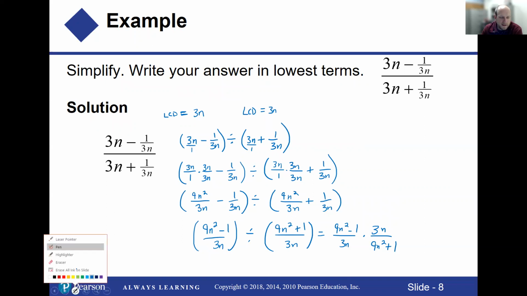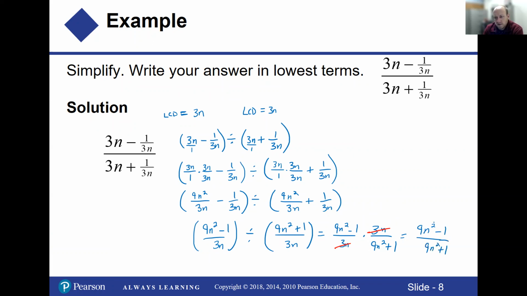And we can see here that the 3n's cancel out. Now, you might notice that 9n squared minus 1 is a difference of two squares, but we don't have anything that's the sum of two squares. So I can't really simplify this anymore. That's all I can really do for this one.